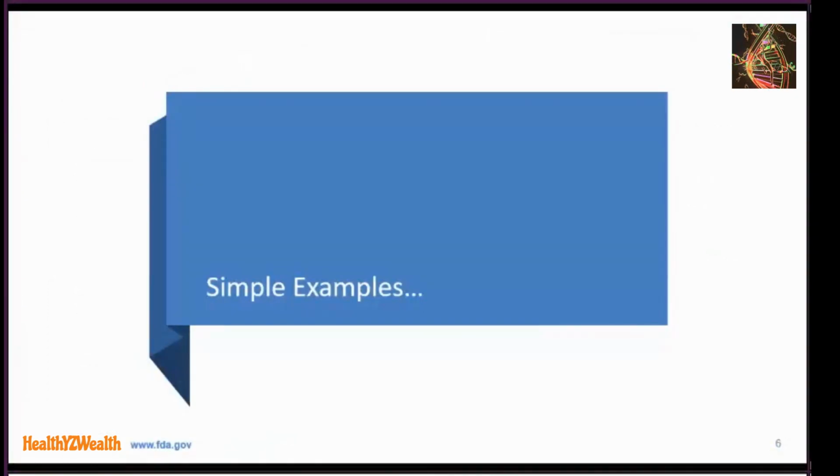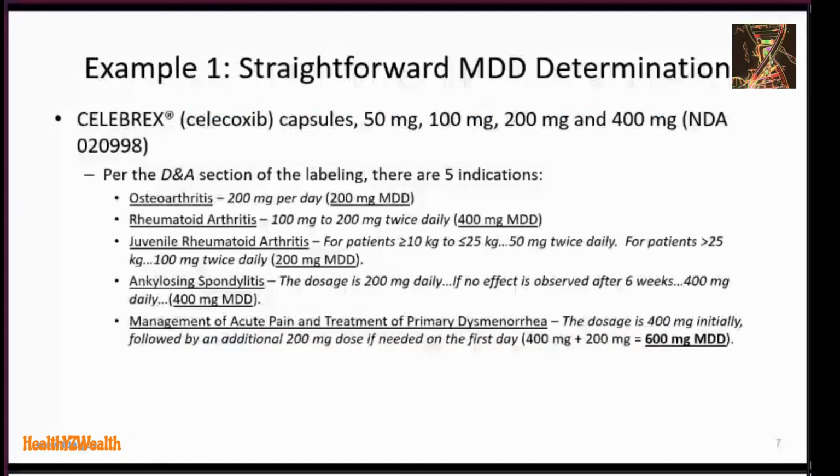Let's walk through some simple examples together to gain a better understanding. We'll start with a straightforward example with Celebrex capsules. Per the dosage and administration section of the labeling, there are 5 indications. For osteoarthritis, the maximum daily dose is 200 milligrams.